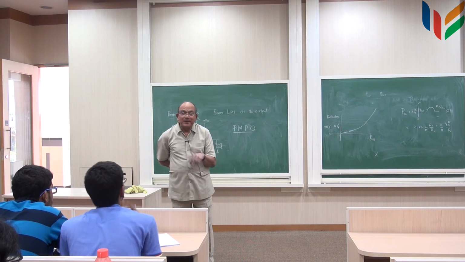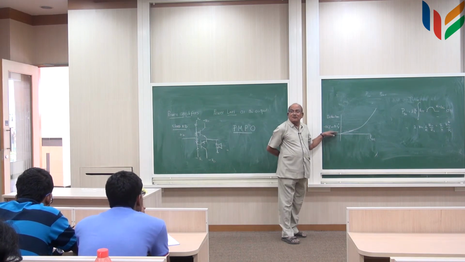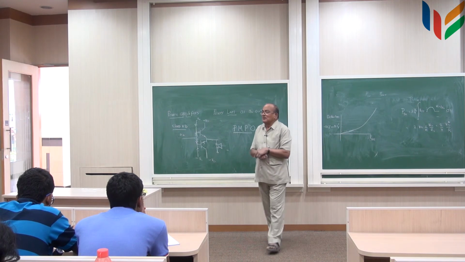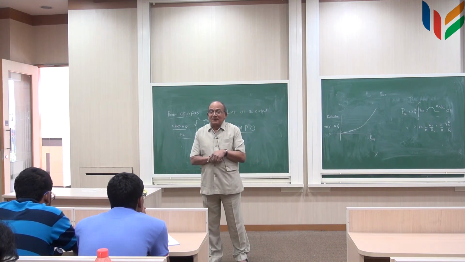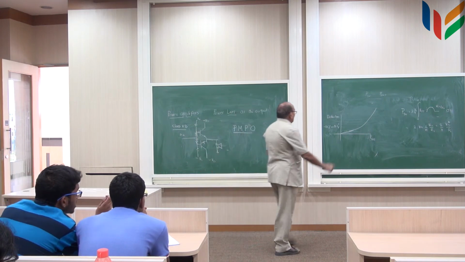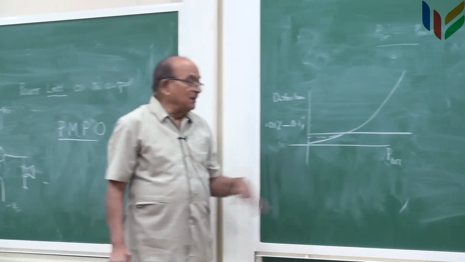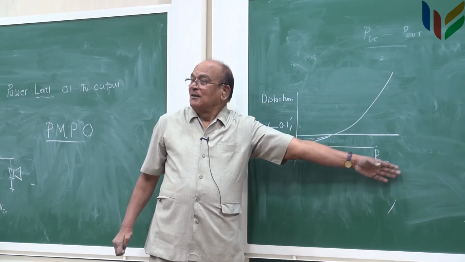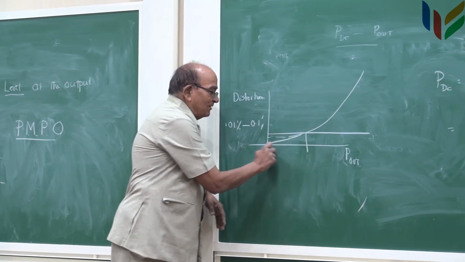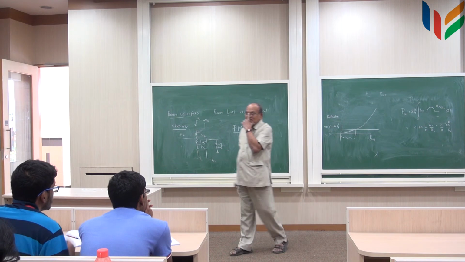So, I need to maintain this specification when I make an audio amplifier and sell it. So, what does that mean? That means my distortion tolerance is somewhere like this. This PMPO, although it is talking about 1000 watts, I can only use it up to this, right.